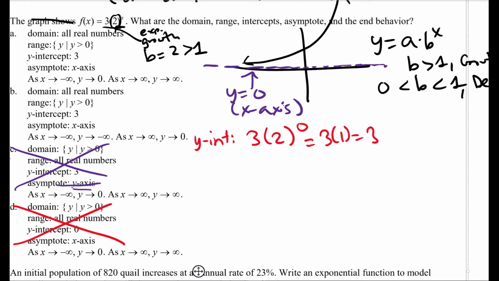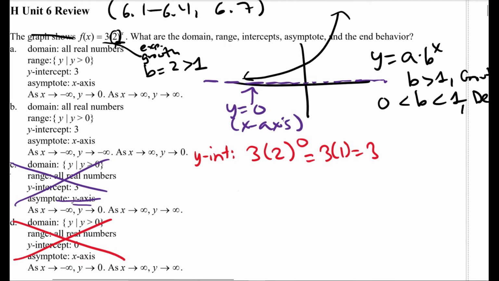Now we're going to look at the range, domain, and end behavior. The domain is all real numbers because you have all the x values on the left side and the right side of the coordinate plane, which means the domain is negative infinity to infinity.